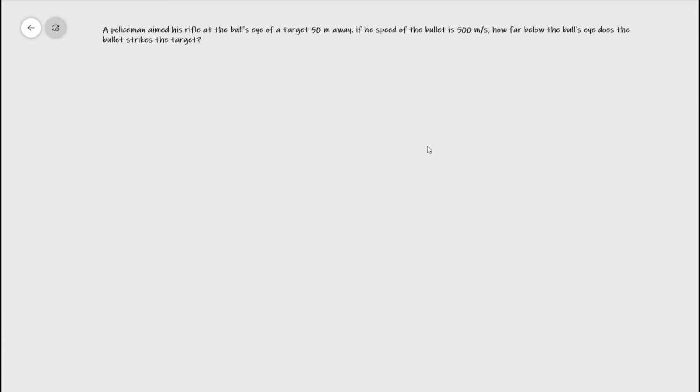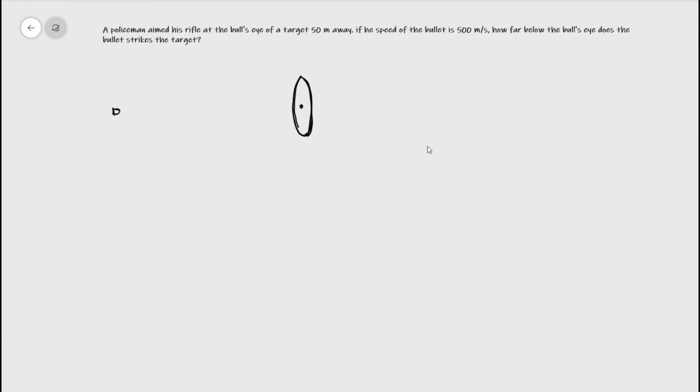Let's say this is our target, here is the location of the target, and this is the bullseye, and the bullet leaves the gun at this point.